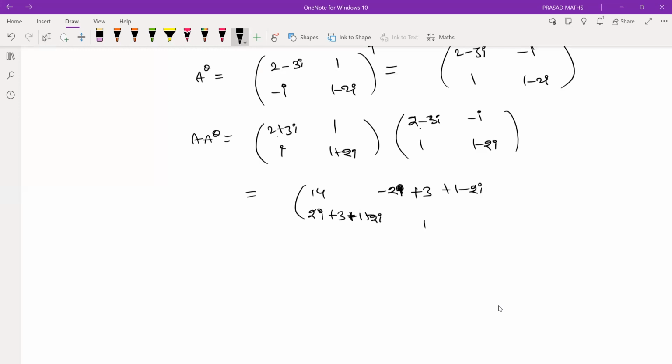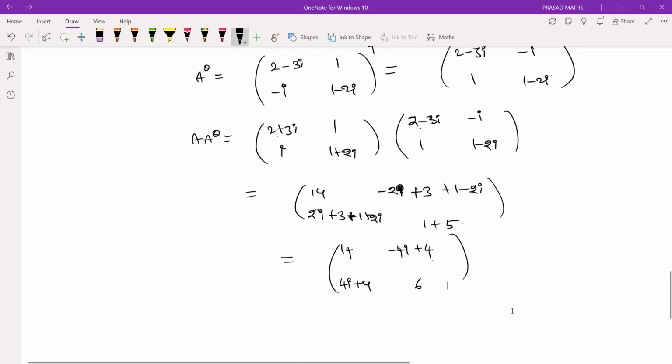That is nothing but 1 plus 5. That is nothing but 14. Minus 2i, minus 2i, minus 4i plus 4 is nothing but 4i plus 4, which is 6.